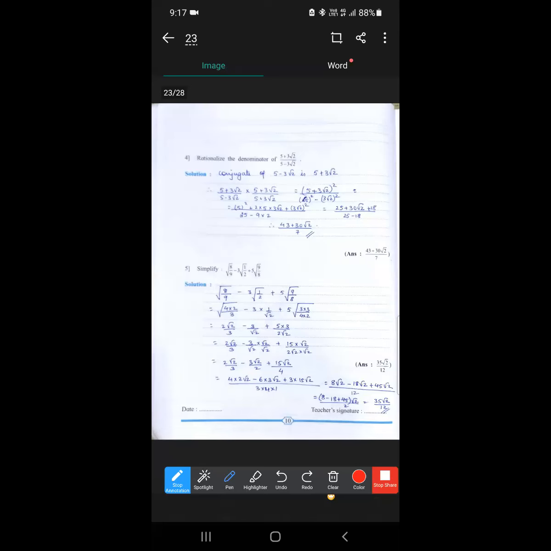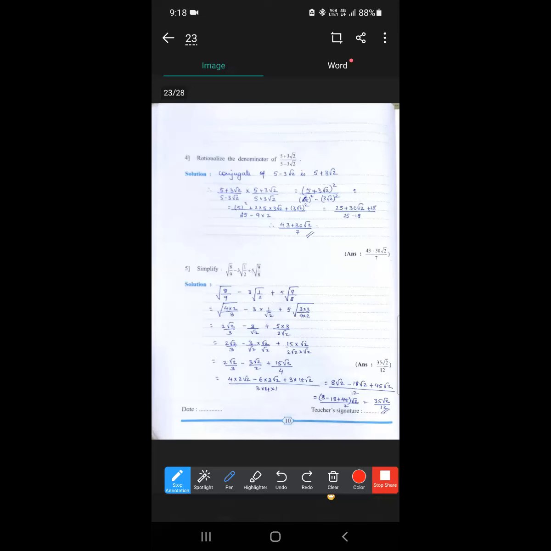Conjugate means opposite. That means if in the denominator it is addition or plus sign, you take the conjugate as subtraction or minus. If it is minus, then you have to take the plus. Here you will use the word conjugate, not opposite.